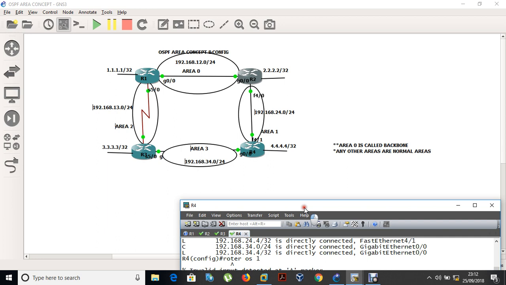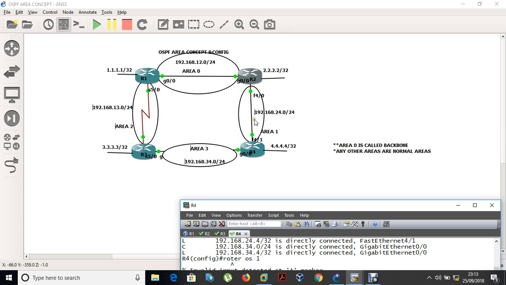Okay, so this area will not connect, it's not hierarchy, so it cannot connect to area 0, so I will talk about it, but now just let it be as an area 3. It will not have any reachability on here, because physically every area must connect to area 0, like these areas now, they have a router that has an interface to the area 0.